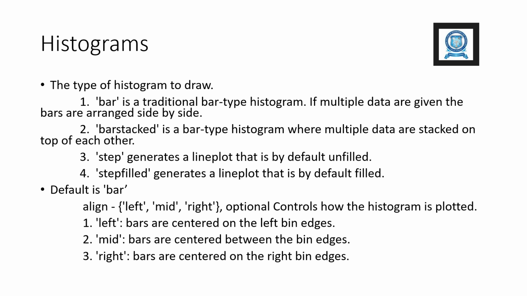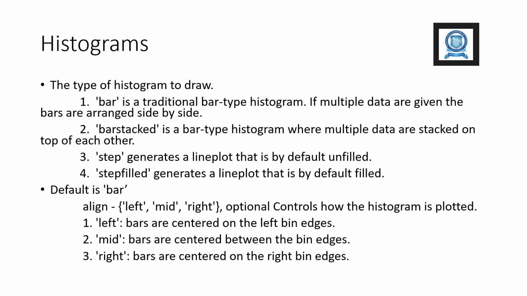Second one is barstacked. It is a bar type histogram where multiple data are stacked on top of each other. Third one is step. It generates a line plot that is by default unfilled. Fourth one is stepfilled. It generates a line plot that is by default filled.